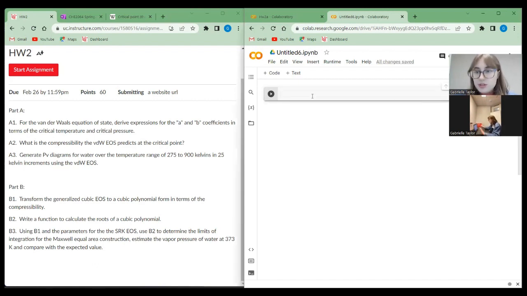The first thing we want to do is import NumPy as np. And now, since we want to generate diagrams, we're going to want to import our graphs.